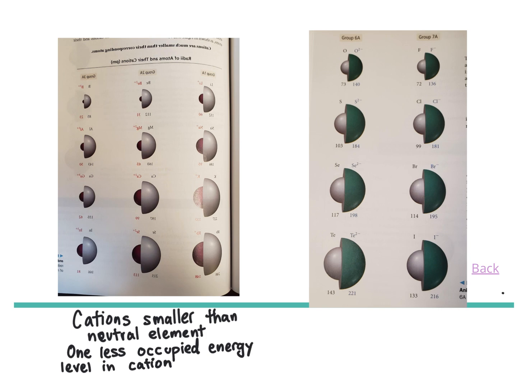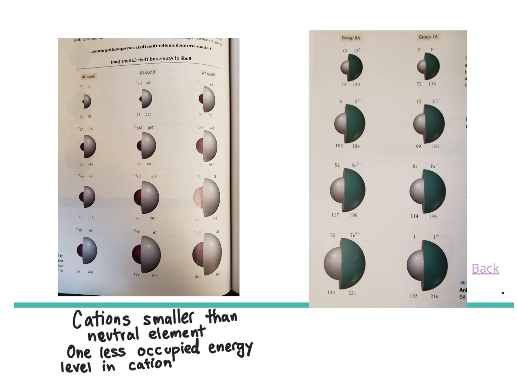Now to take a look at the anions. Here the gray again is the neutral atom, and the teal represents the size of its associated anion. Here we don't have a case of changing valence shells. Oxygen has 8 electrons and O2- now has 10 electrons. In both cases, the valence electrons are in the second energy level. But when we add electrons, we are not adding protons, so the pull does not get any stronger.